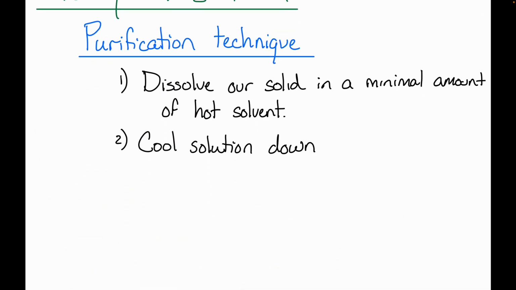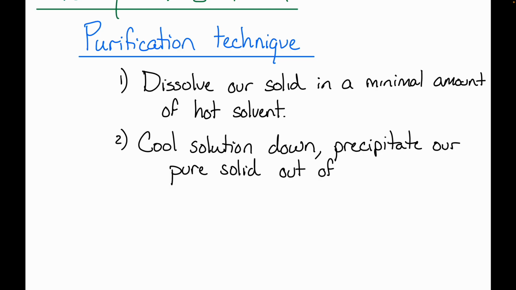So when we cool it back down, we precipitate our pure solid out of solution. Okay, we're going to note it's more pure because those impurities are left in that solution.